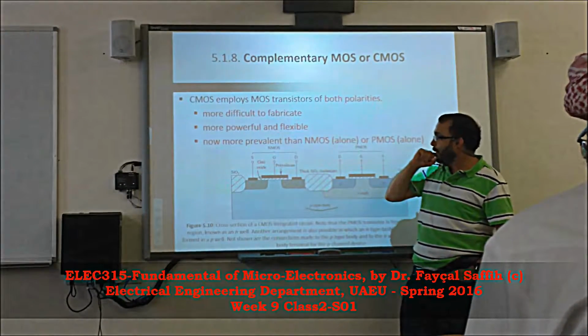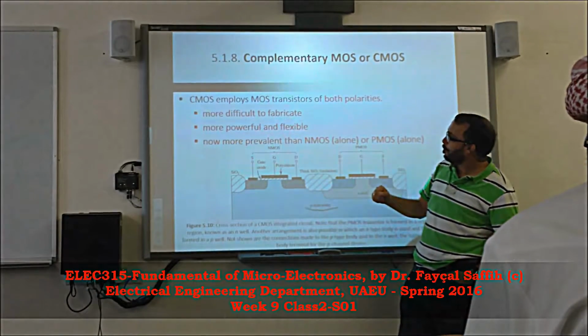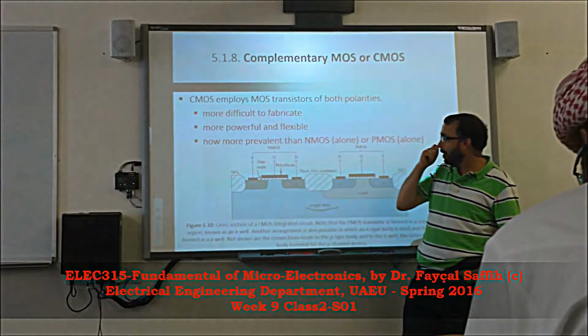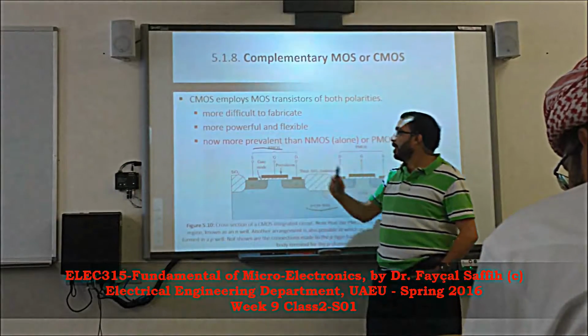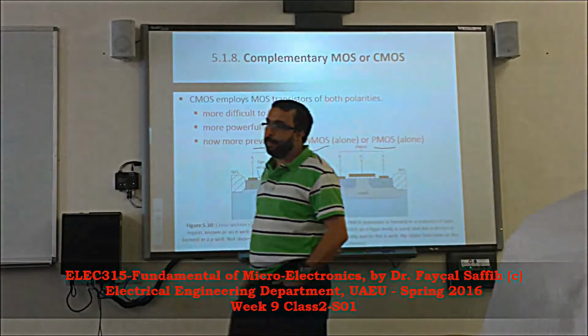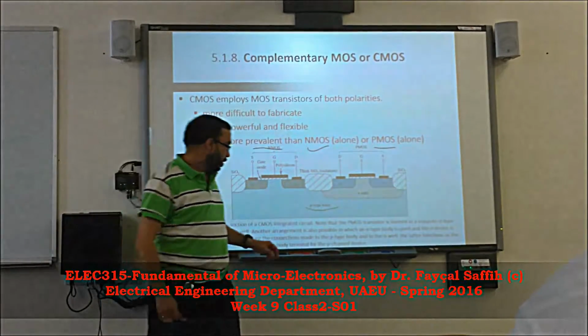But the main power is actually logic, so that's why all digital circuits are now in CMOS. Of course, it's difficult, because you are putting too many things together. This is the technology that is prevalent, everywhere, compared to NMOS and PMOS alone. You don't find PMOS and NMOS widely spread. Now, CMOS has both of them in the same chip.